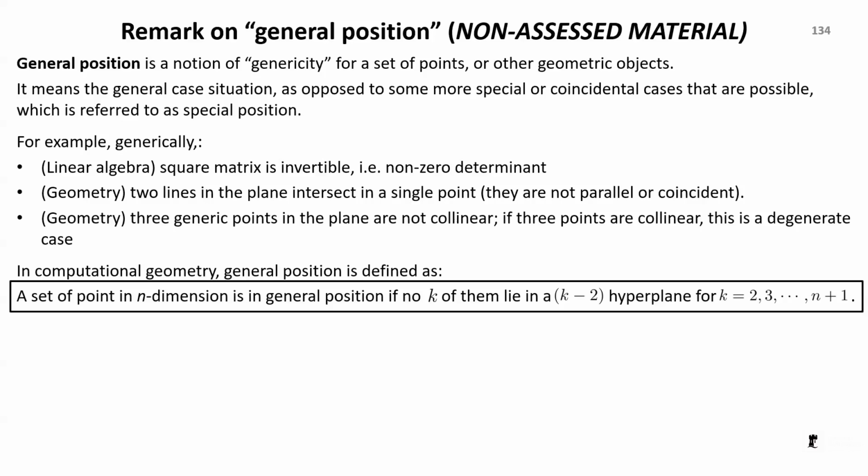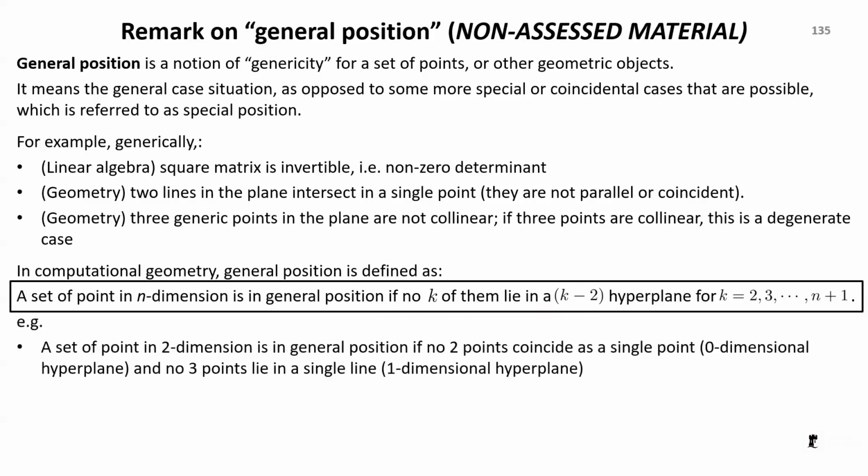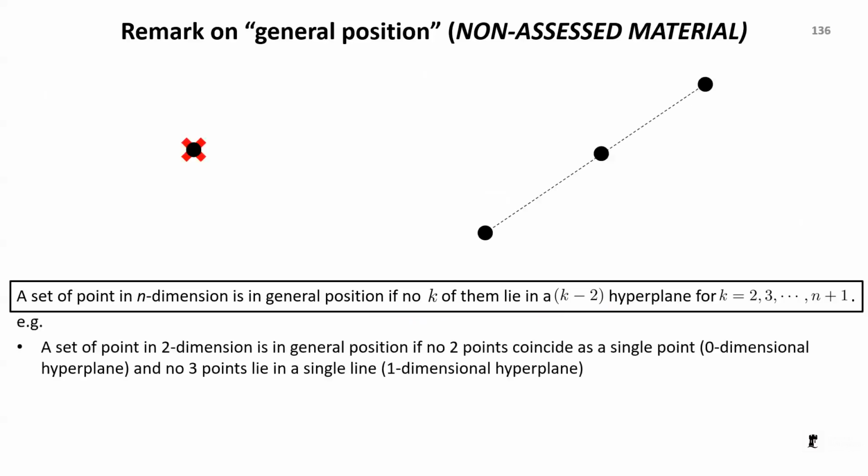In computational geometry, general position is defined as: a set of points in n dimensions is in general position if no k of them lie in a k minus 2 hyperplane. It is a bit wordy, but let me just show the example. In 2 dimensions, a set of points is in general position if no 2 points coincide in a single point, and no 3 points lie on a single line.